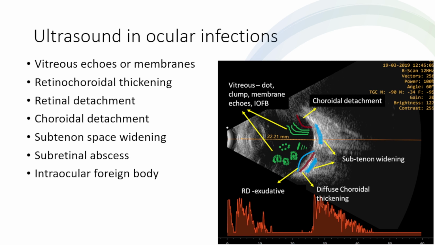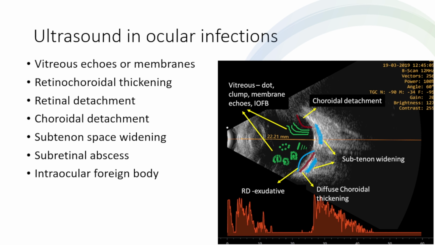So now coming to the topic of today's discussion, ultrasound in ocular infections. The highlighting points we should see in ocular infections: starting from the anterior vitreous cavity, we can see dot, clump, and membranous echoes. In cases of trauma, we should rule out intraocular foreign body with membranous echoes.